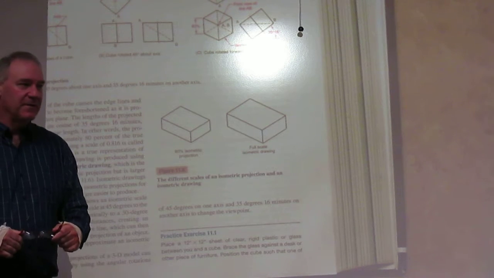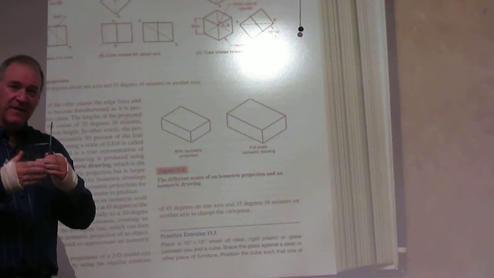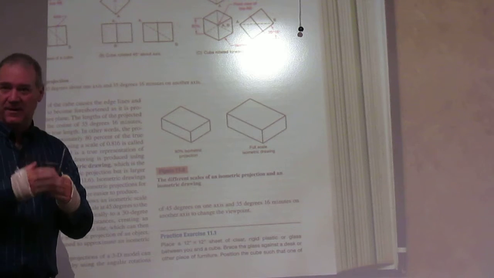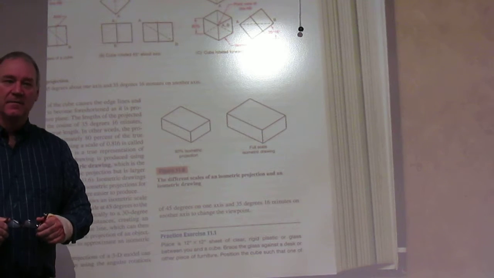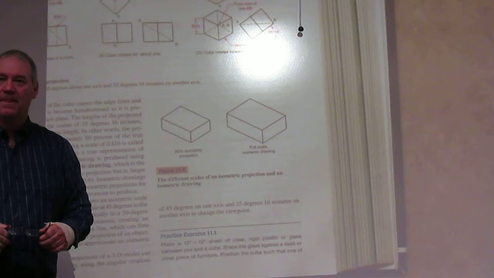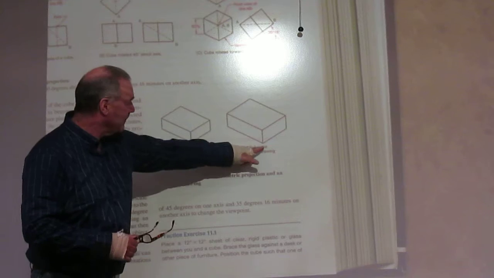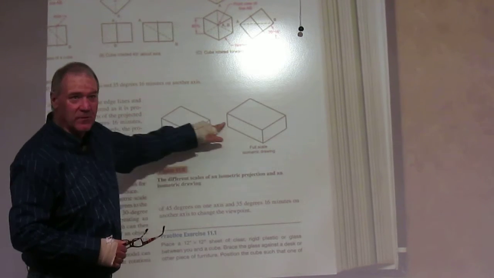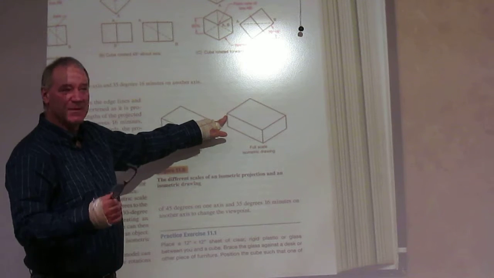Then you have to figure that proportion on that receding axis, and take every dimension of that object and multiply it by that number, and then lay it out along that scale. Most companies I know, they're not going to ask you to do that. Because you're pulling out a calculator for every single line you make. You've got to say, okay, I know this is 4, and then I'm going to multiply it by 0.8, that's going to come up with what? That would be 3.